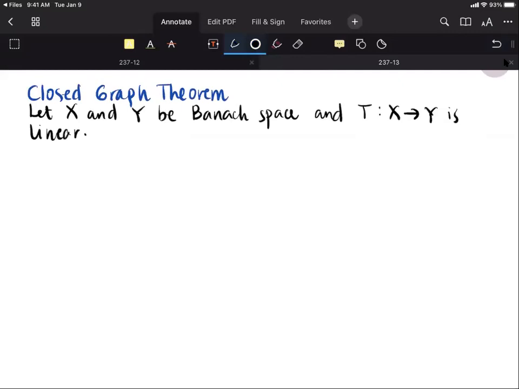Then T is bounded if and only if the graph of T is closed in X cross Y. In other words, T is closed.